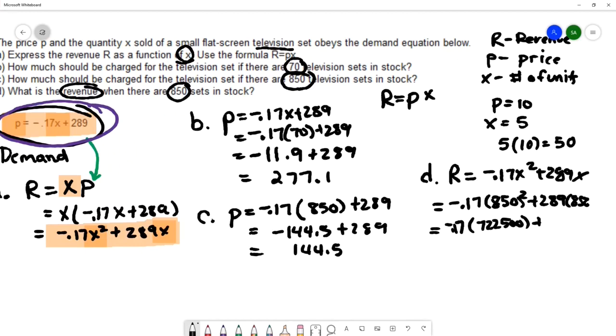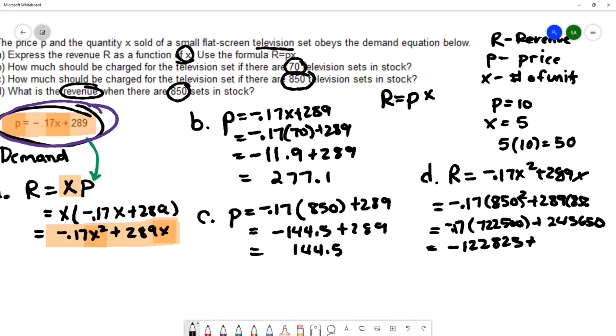And then we're going to do 289 times 850. That's 245,650. And we want to do negative 0.17 times 722,500. That's negative 122,825.